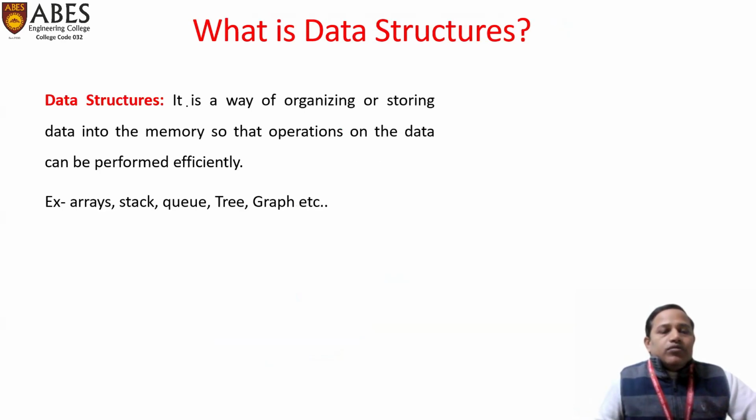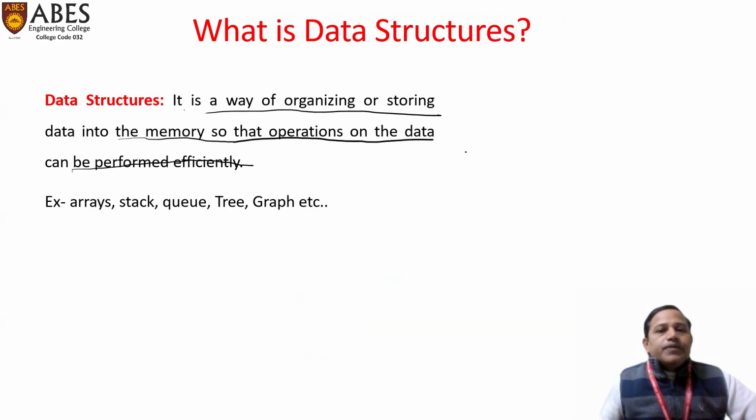Now what is data structure? Basically, data structure is a way of organizing or storing data in the main memory so that operations on the data can be performed efficiently.